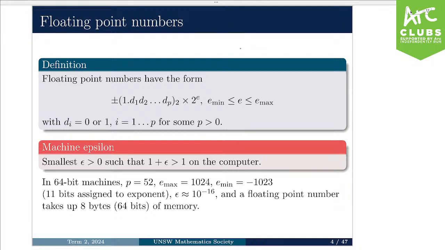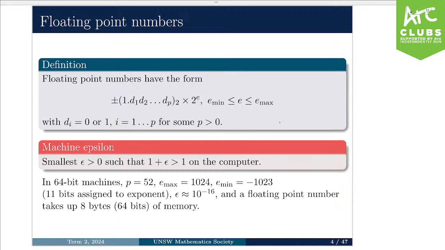This has come up in the first assignment. It's got a few bits representing the number, a few bits representing the exponent, and 1 bit for the sign. In 64-bit machines, we usually have 52 for this part, 11 bits for E, and then 1 for the sign.